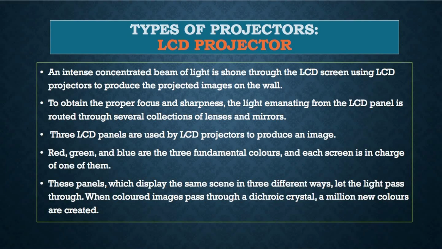These LCD panels are used by LCD projectors to produce an image. Red, green and blue are the three fundamental colors, and each screen is in charge of one of them. These panels, which display the same screen in three different ways, let the light pass through. When a colored image passes through a dichroic crystal, a million new colors are created.